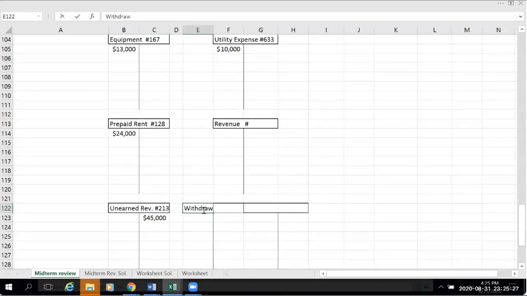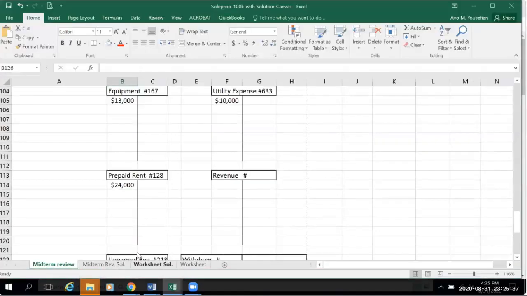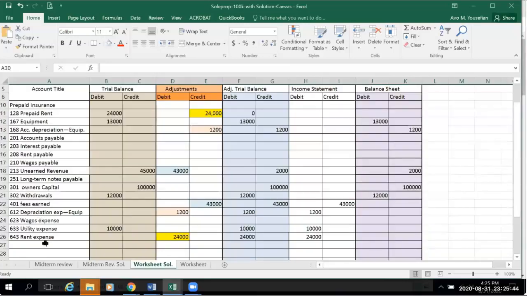Withdraw. And what's the account number for withdraw? Account number for withdraw is 302. I'm going to use that. Okay, 302.